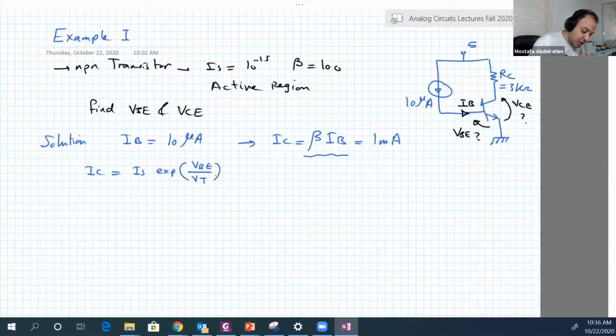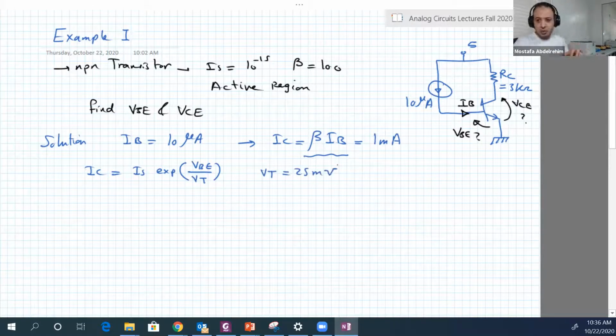Another thing here, I will assume VT is equal to 25 millivolts, because this problem I pulled from another book. You remember, guys, in our first lecture I said that we have Razavi's book, which we were using in the diode part, and we have Sedra's book, Adel Sedra's book. So this is from Sedra's book.